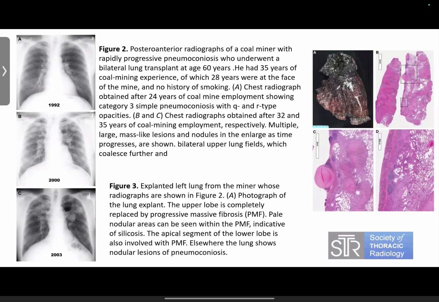After 32 years and 35 years of coal mining employment, as you can see here, he definitely has more of these small nodularities, and mass-like lesions and nodules enlarged as time progressed.